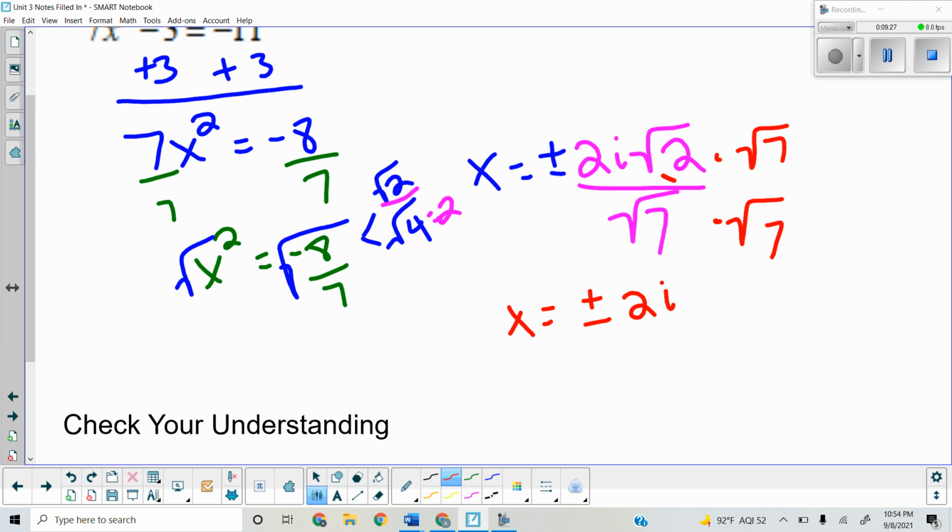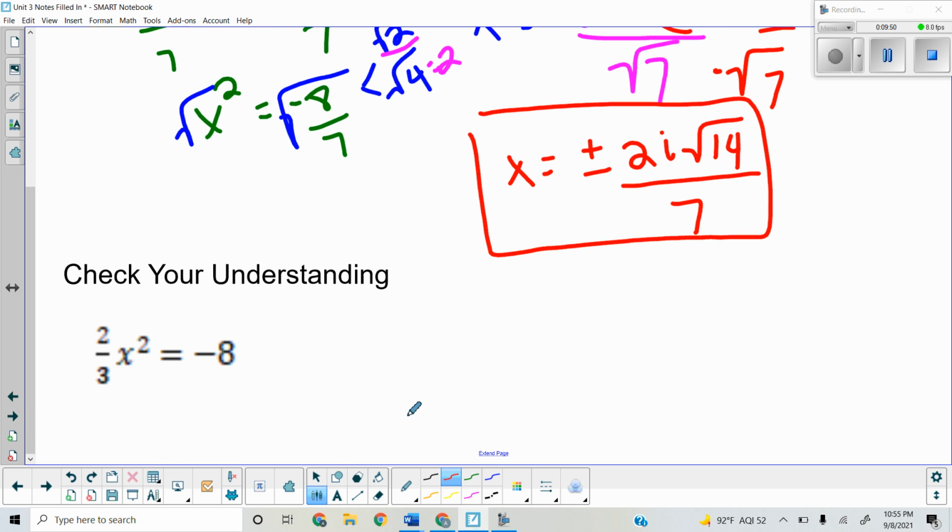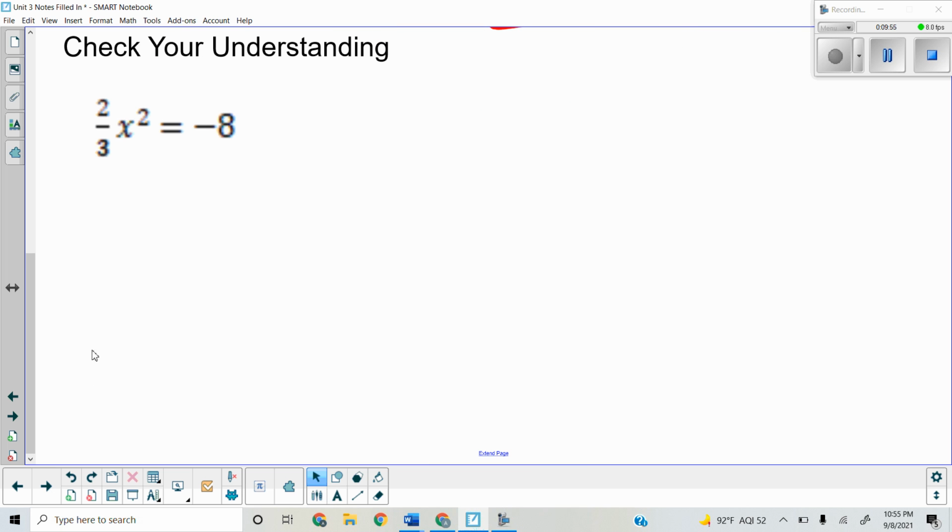We take 2 times 7, which is 14, over the square root of 7 times the square root of 7 cancels to give us just 7. No square root in the denominator. You know, that one is tricky, so let's look at another example.